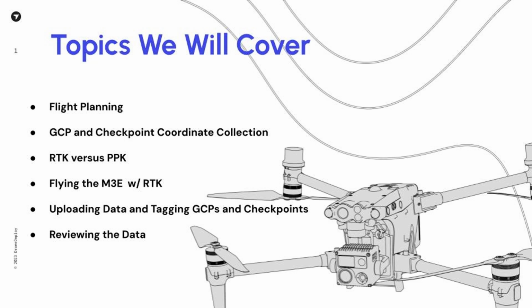Then we're going to go into flying the Mavic 3 Enterprise with RTK on this site. And we're going to look at uploading data, all your photos, and then tagging those GCPs and checkpoints through the DroneDeploy GCP tagging process. Then we're going to look at reviewing the data and doing some quality assurance on making sure that we got good, accurate data on this site.